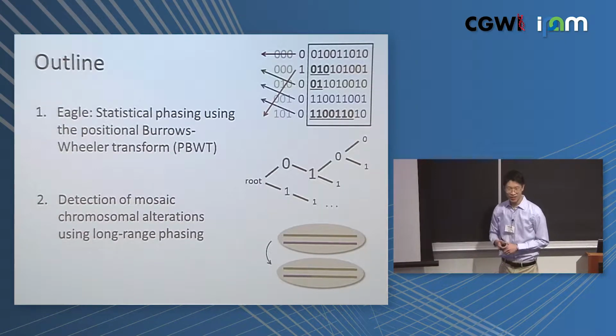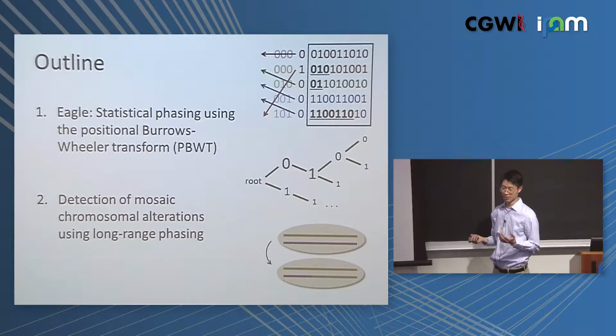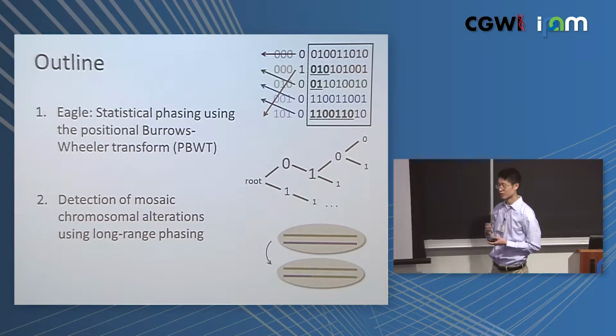So the outline of my talk is I'll start by talking about haplotype phasing, which, as someone asked in the audience this morning, is a key algorithmic component along the pipeline towards imputation that Brian talked about.